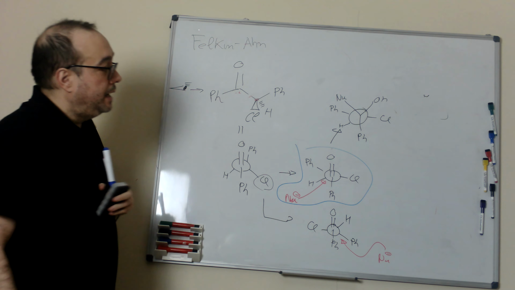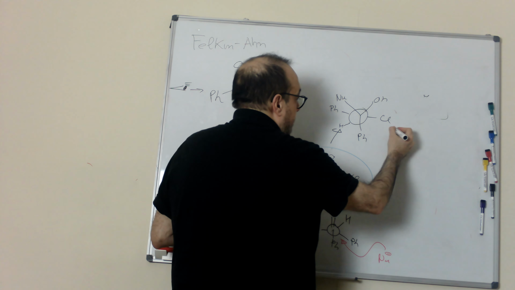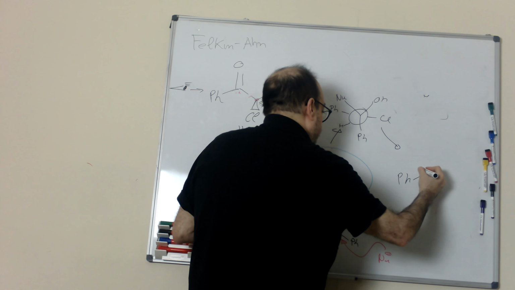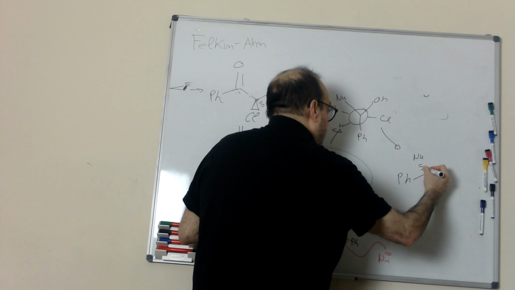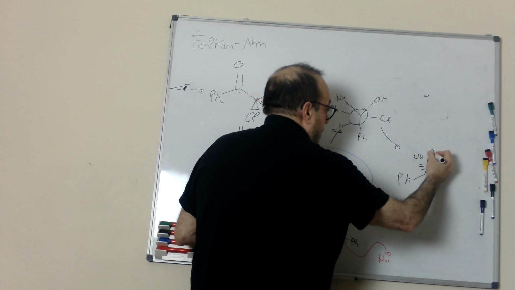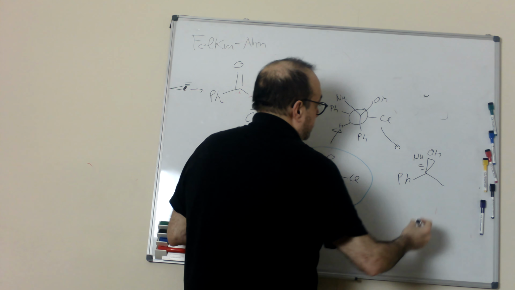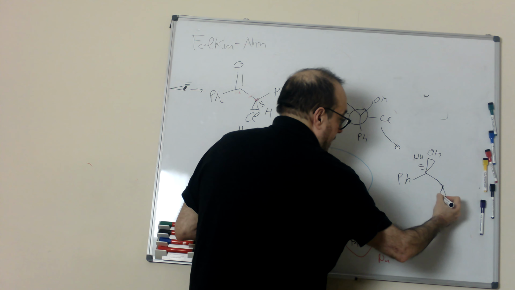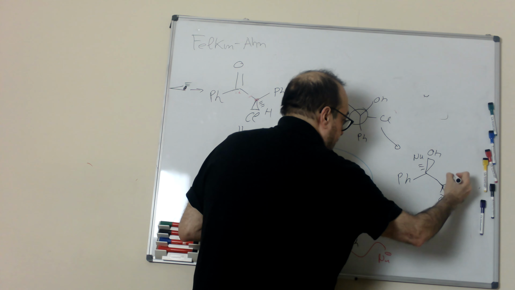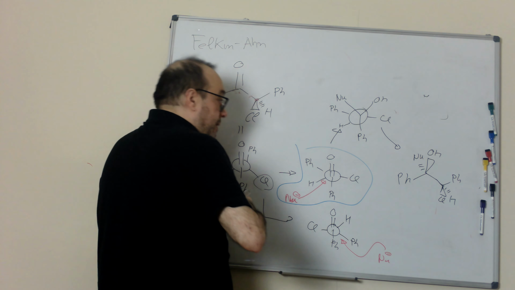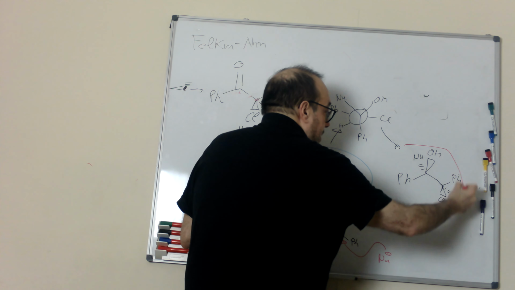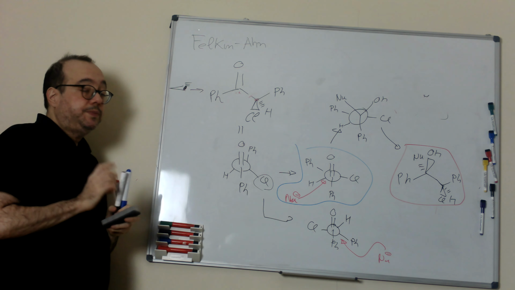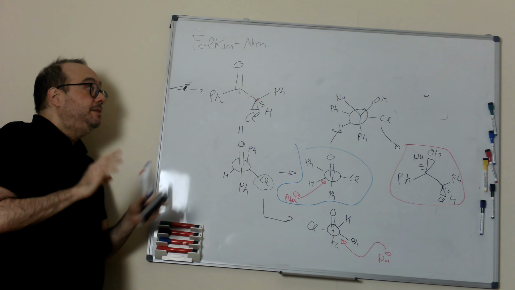And then the only thing I need is to put it in the right drawing: phenyl, nucleophile, OH, and here I have the chloride, hydrogen, and this will be the major diastereomer that I will form in this reaction. Okay?